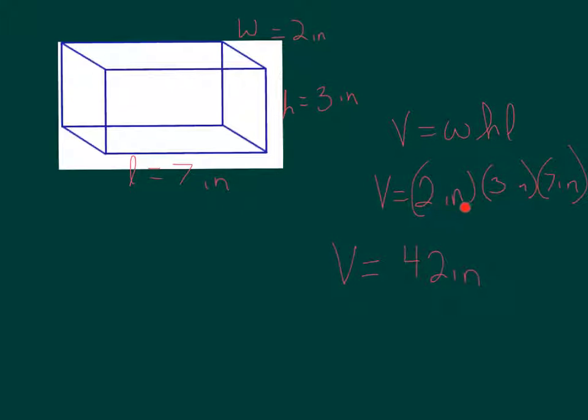So you have inches times inches times inches, and you would write that as inches cubed because volume is measured in cubic units. So this rectangular prism's volume is 42 inches cubed. That means that this rectangular prism holds 42 1 inch by 1 inch by 1 inch individual cubes.